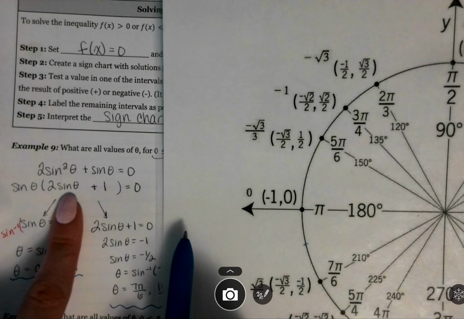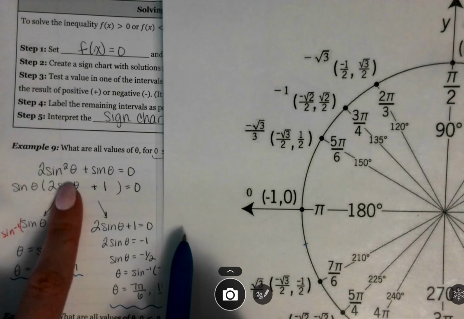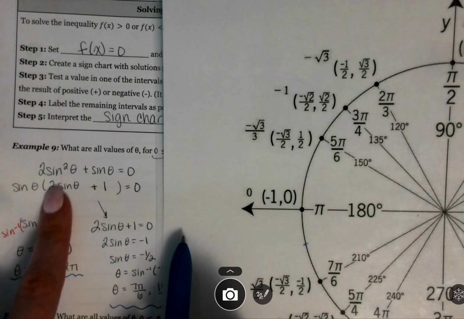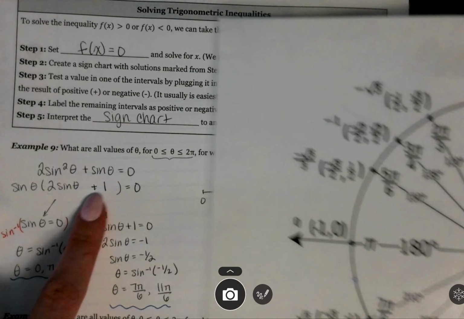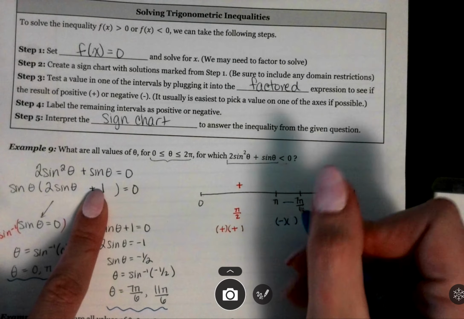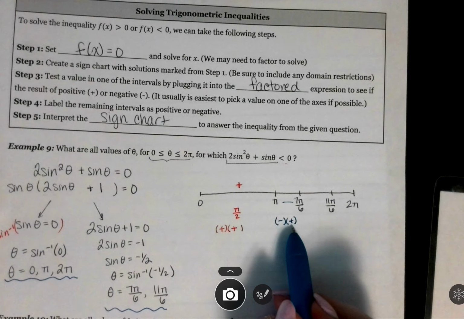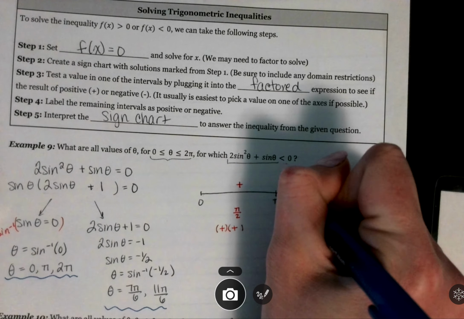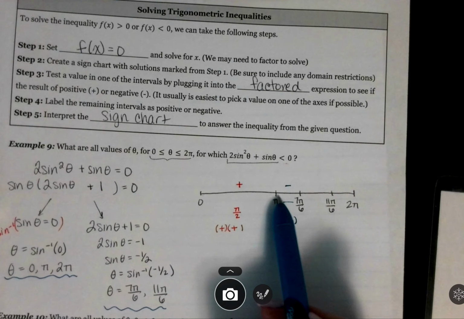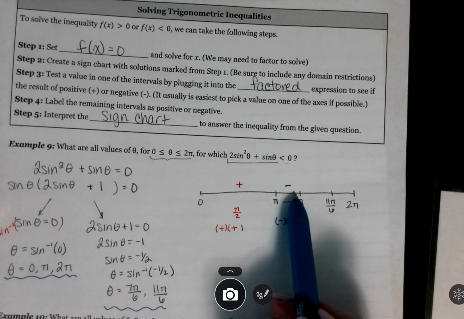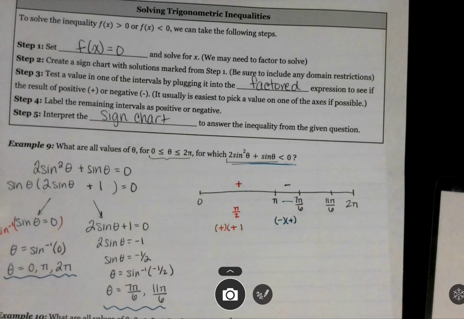So if I know sine of theta is -1/4, 2 times that would give me -1/2. Well, -1/2 plus 1 gives me +1/2. So overall, this parenthesis is positive. I'm going to put a little plus sign here. If I multiply a negative times a positive, that will give me an overall negative value. So I know that this portion of my graph will be under my x-axis, which fits in with my question of it being less than 0, and I want to keep checking other ones.